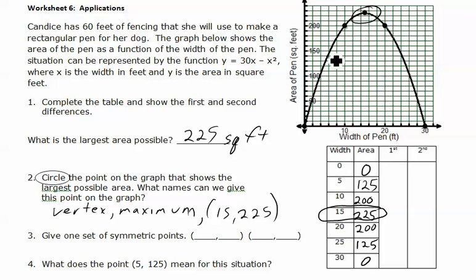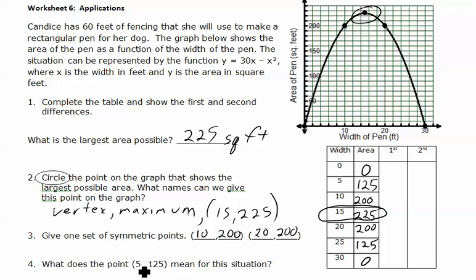At this distance, there's going to be one straight across from it. It's going to be the same distance from the vertex, or from the line of symmetry, and it's going to have the same y value. So one set of symmetric points might be 10, 200, and 20, 200. Again, the symmetric points are going to have the same y value.